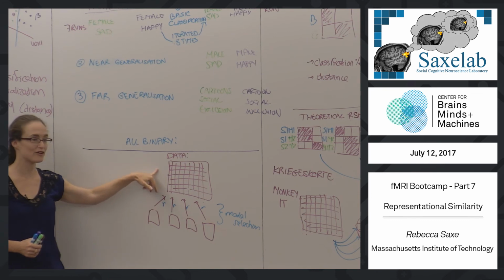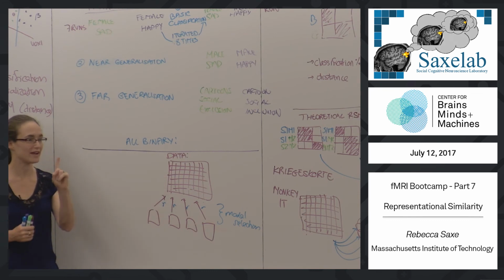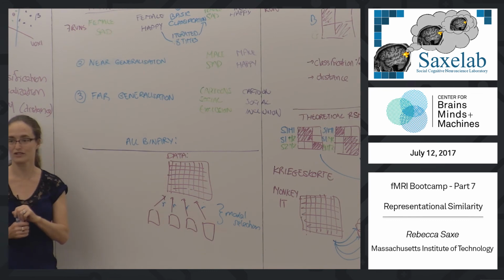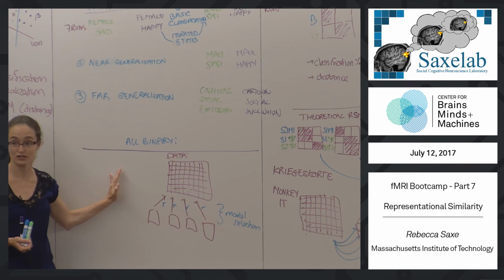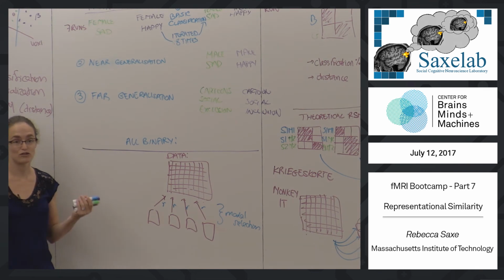And no matter how big your RSM is, there's only one measure that you get out of it, which is the overall fit to the similarity space. So that is a huge advantage of this procedure, that even though your data are really complicated and your theories are really complicated, in the end, it comes down to a single measure that's done once.